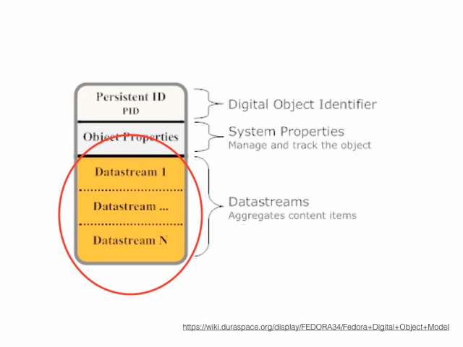So each object in Fedora is made up of what the Fedora developers call a data stream, which is more or less the same as a bit stream in DSpace.